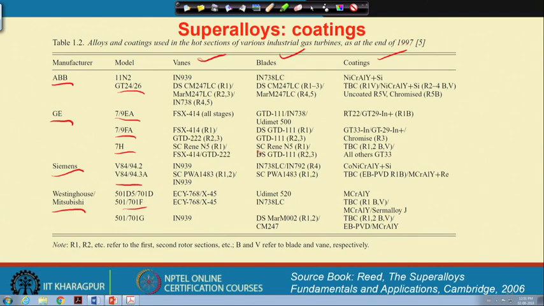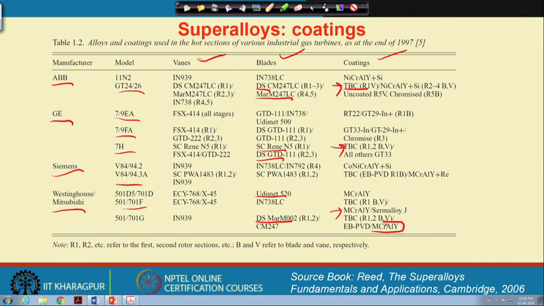Let us say Rene and Udimet, and MAR series, these are directionally solidified alloys. Here you will see that they often use the thermal barrier coat along with several other kinds of overlay coating or bond coating.